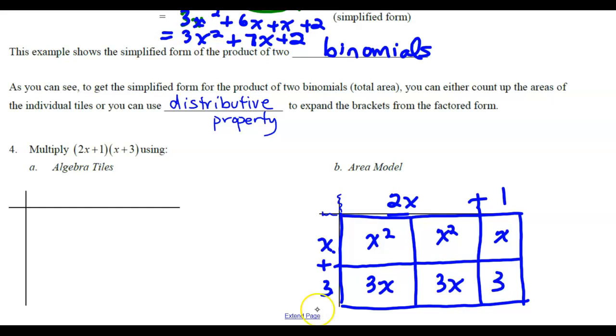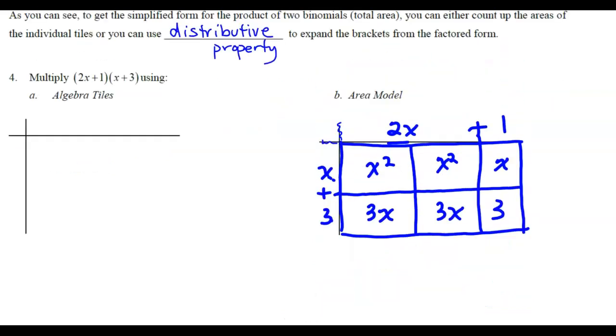So now if I add those up, I would get 2x squared plus 3x plus 3x plus 1x is 7x plus 3. Okay, so that's using an area model.